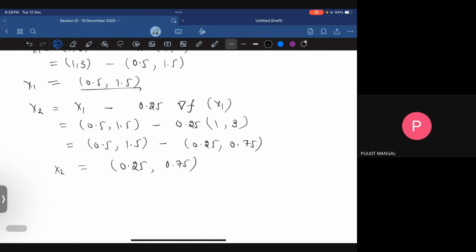Let's find one more point, x3. So x3 is just simply x2 minus 0.25 gradient of f at x2.